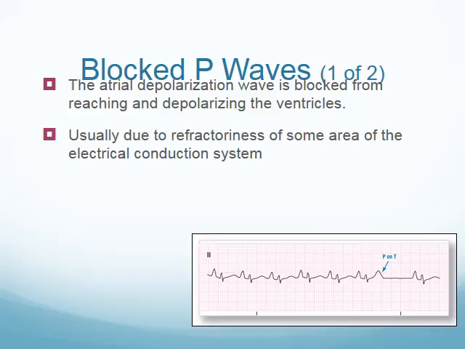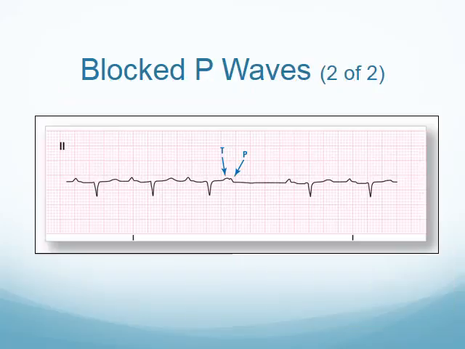If the ventricles are still refractory to an impulse, you can have a P wave that happens, but the ventricles aren't able to depolarize because they're in their refractory phase. So here's an example of a blocked P wave. You have a P wave sticking out right by the T wave, but since the ventricles are refractory, it doesn't go anywhere. You just have a P wave and then a pause, and then your rhythm continues.